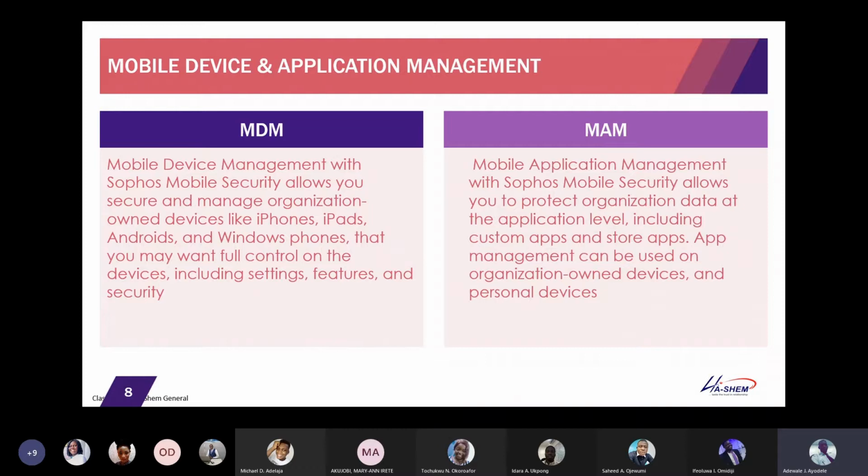Once the device has been managed, the admin will be notified that a particular device has been enrolled. And for Apple devices, that's the iPad, iPhone, Mac and so on, you need to use the Apple Push Notification service, that's APNs.